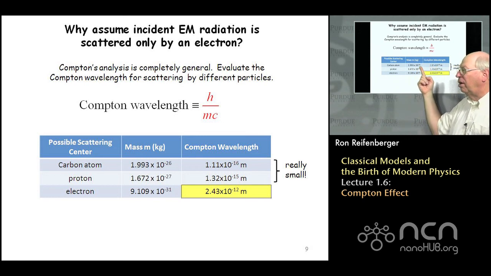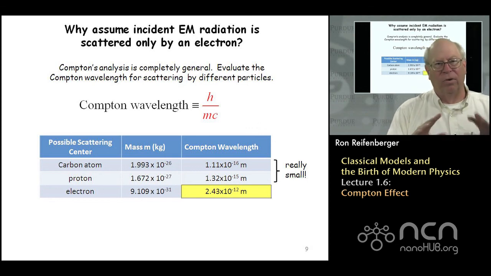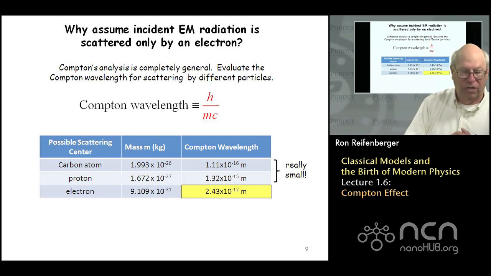So the mass of the carbon atom is about 2 times 10 to the minus 26 kilograms. And when you calculate the Compton wavelength for scattering from a carbon atom, you find that the Compton wavelength, this quantity h over mc, is about 10 to the minus 16 meters. Well, that's a number that's extremely small, and again, experimentally would not be measurable.